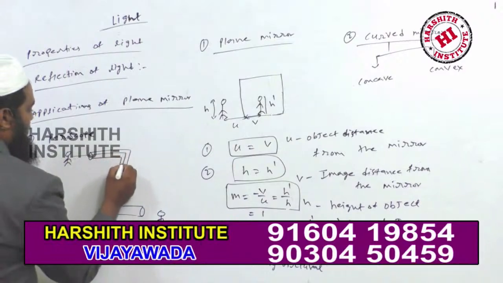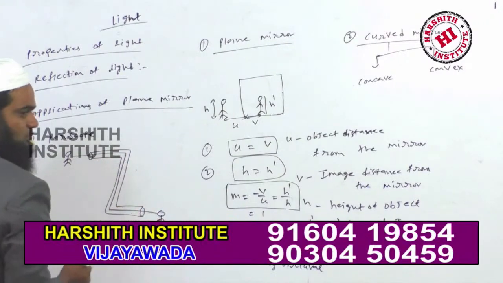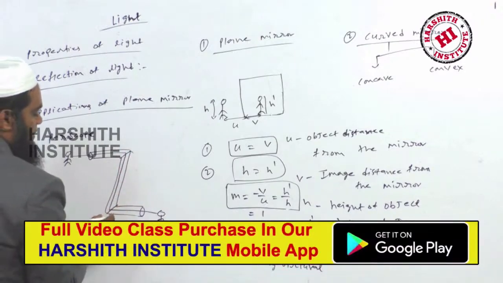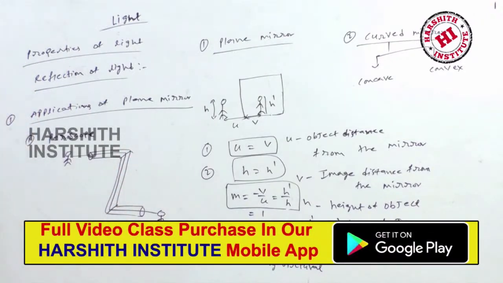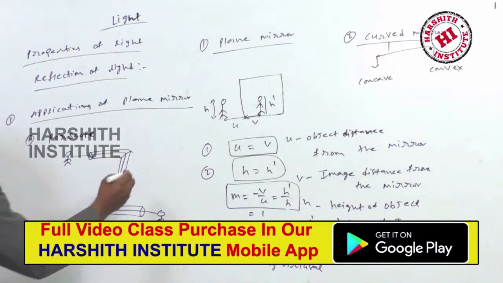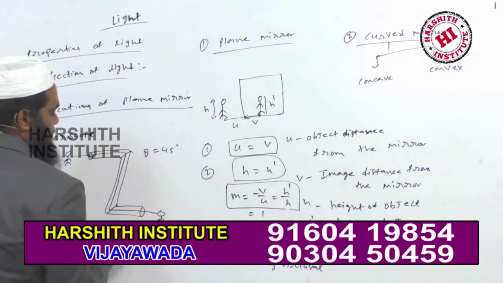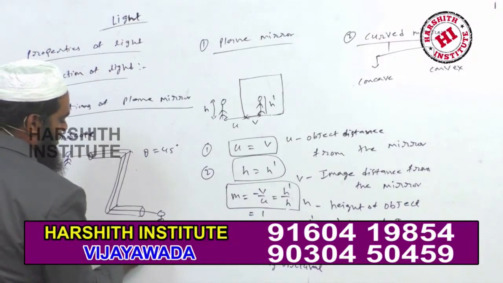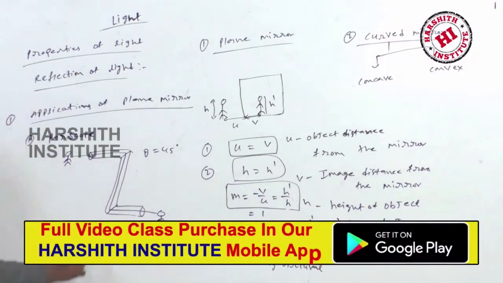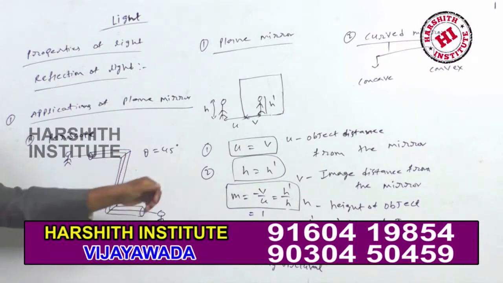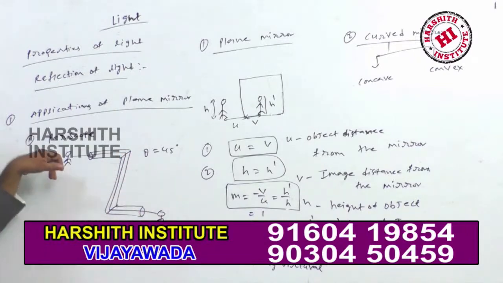The light falls on the first surface. One mirror is used as a plane mirror, and the angle here will be 45 degrees. This angle is also 45 degrees. We use plane mirrors at the corners of the periscope, and the angle will be 45 degrees. So this is one application, the periscope.